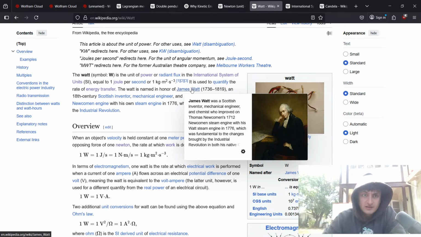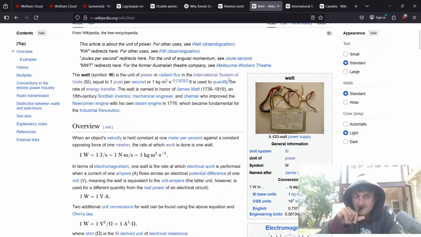This is power. This is the unit of power. It's 1 joule per second.